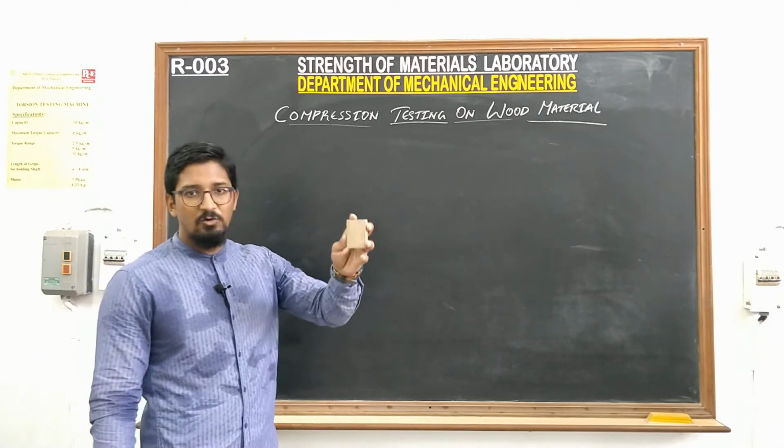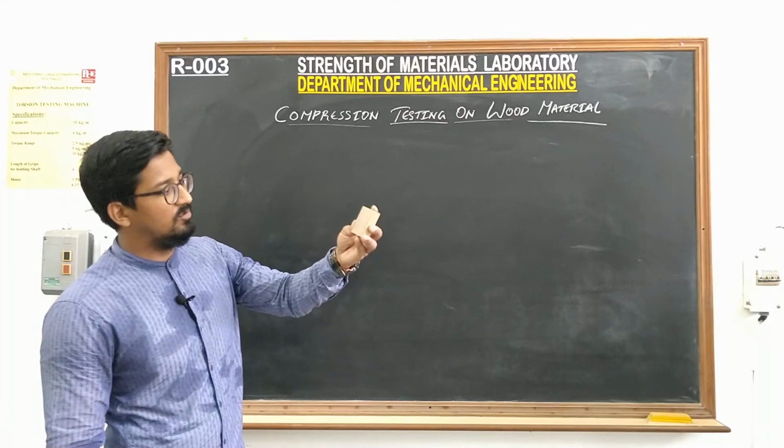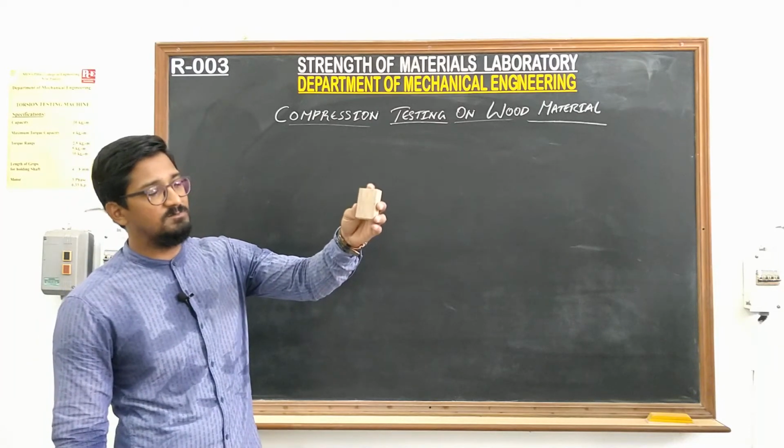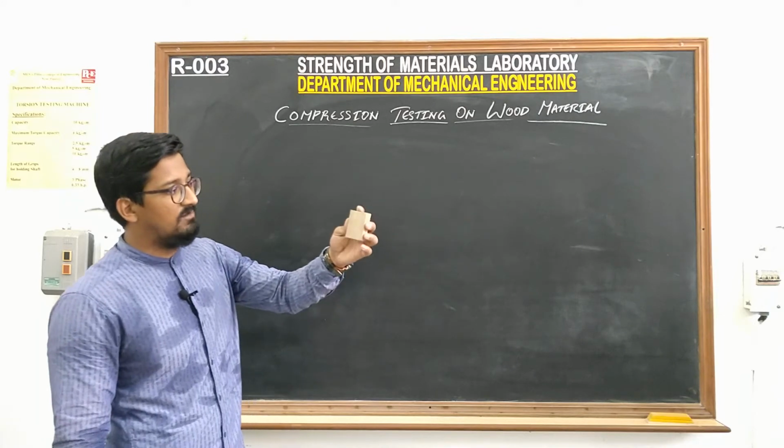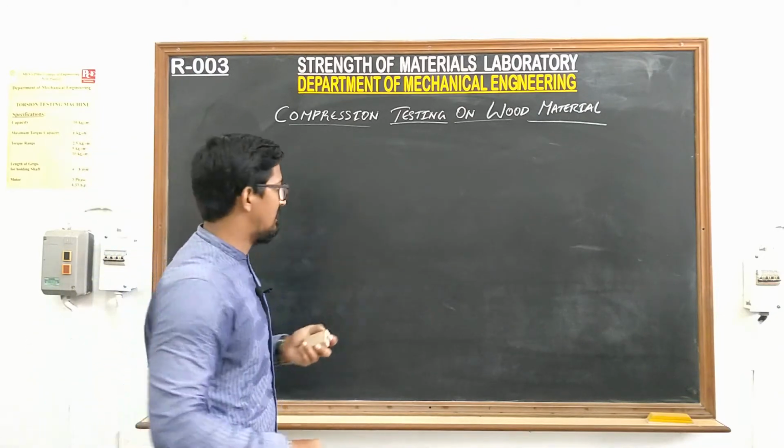So this is the wood material, this is how it looks like. This is the specimen on which the compression testing will be done. I will write the dimensions of this wood material.